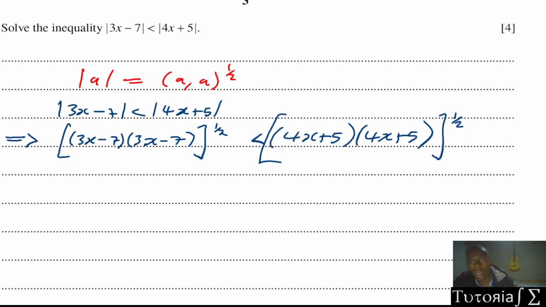Now if we introduce a power 2 on both sides of the inequality, we see that this and that will cancel out, and what will remain is just what is inside here.